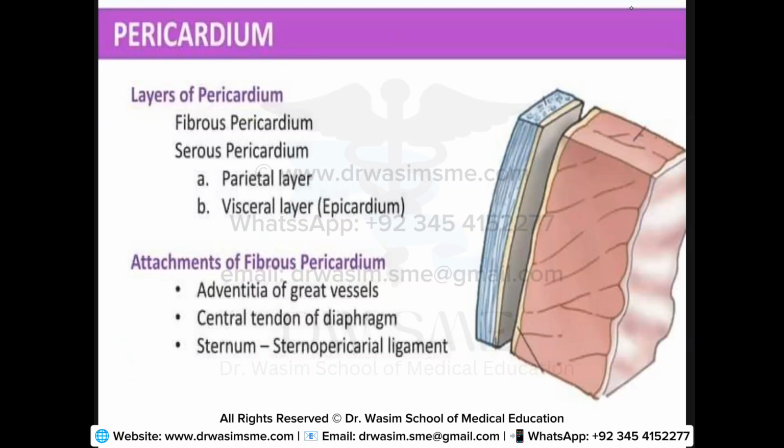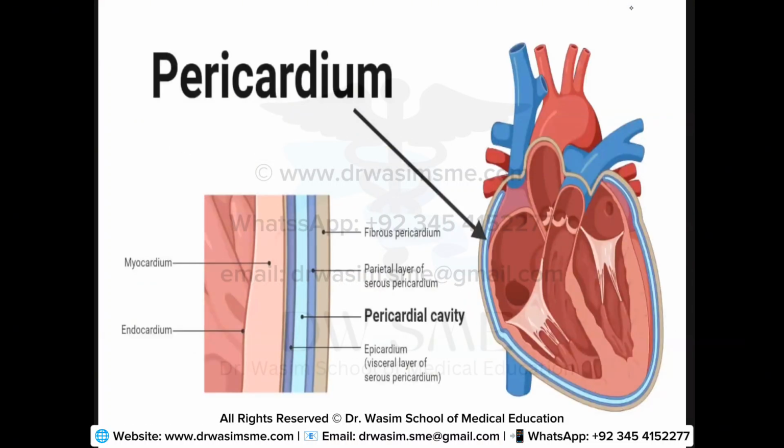So next up we have the pericardium. Here we have the layers of the pericardium, which are fibrous and serous, and I will explain this with the next diagram. As you can appreciate, this brown color is the fibrous pericardium. Beneath that, this first blue is the parietal layer of the serous pericardium.